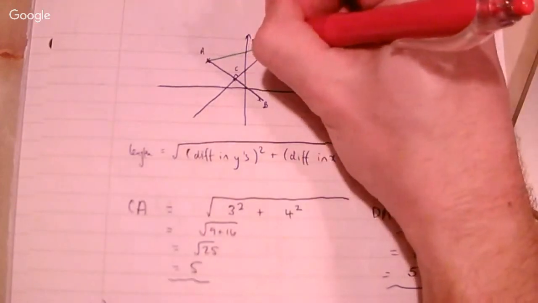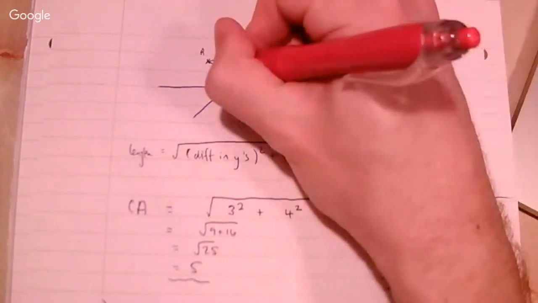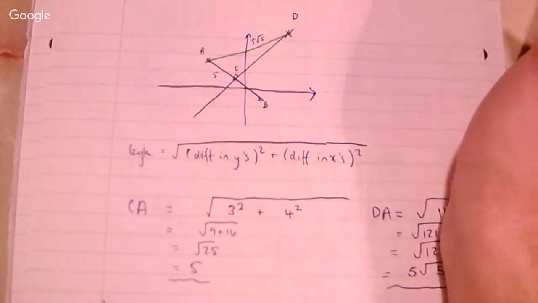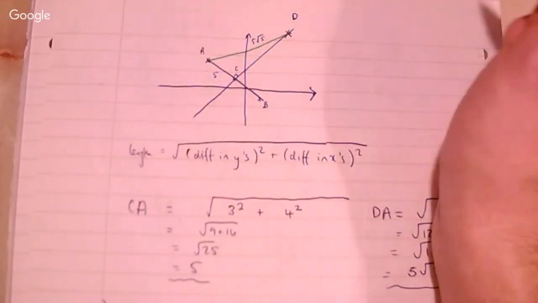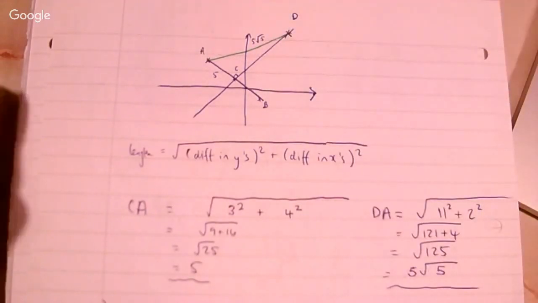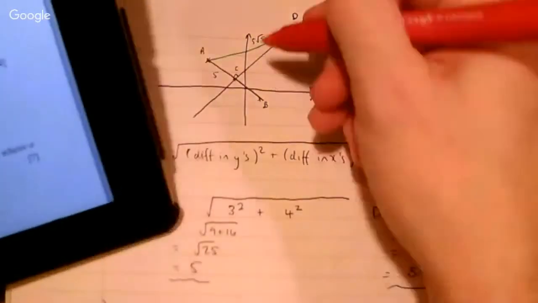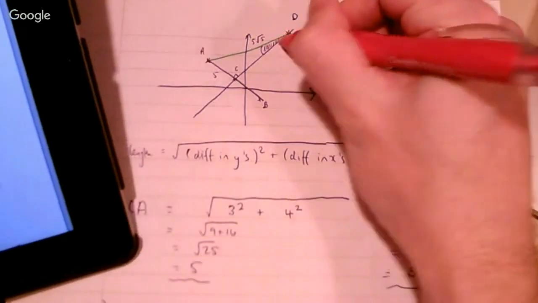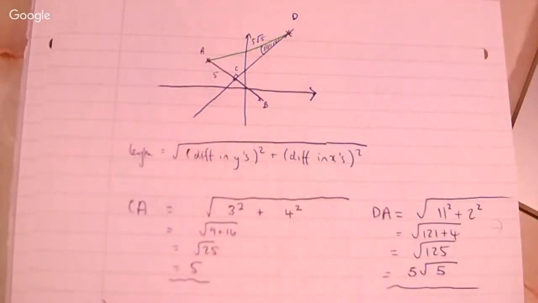They're probably going to come in handy. So this was 5 root 5, and this was just 5. We don't know the length of this side here, so I'm going to leave that blank. It's asked for ADC. If I show you the paper, ADC means A to D would be this angle here, and then to C.